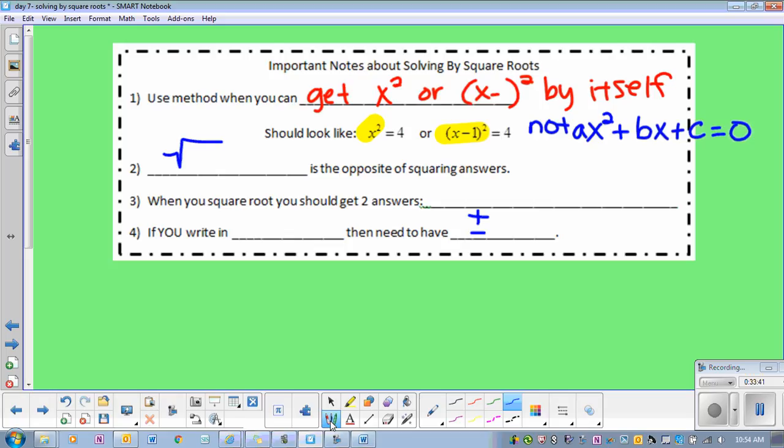If you write in the square root, then you need to have plus or minus. You know what? I don't know what this blank is for right now. I don't know what I was thinking when I was doing the notes, so we'll come back to that. I think it's like real or imaginary. Positive and negative? No, it's just real or imaginary. I think that's what it is. But it's okay. The most important thing is if you draw in the square root, you gotta put plus or minus.